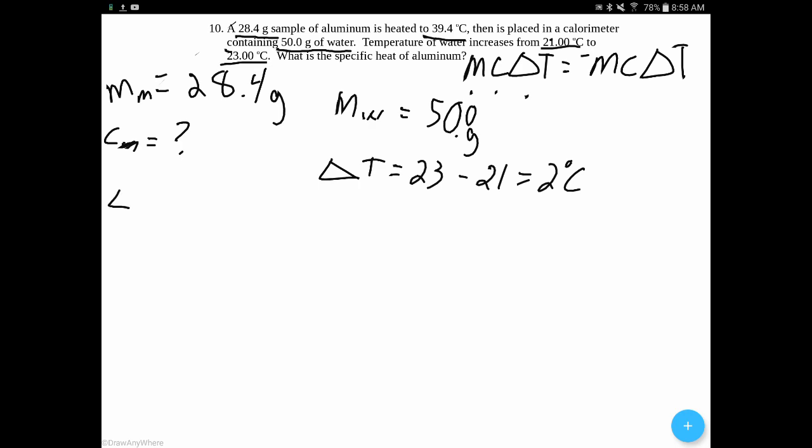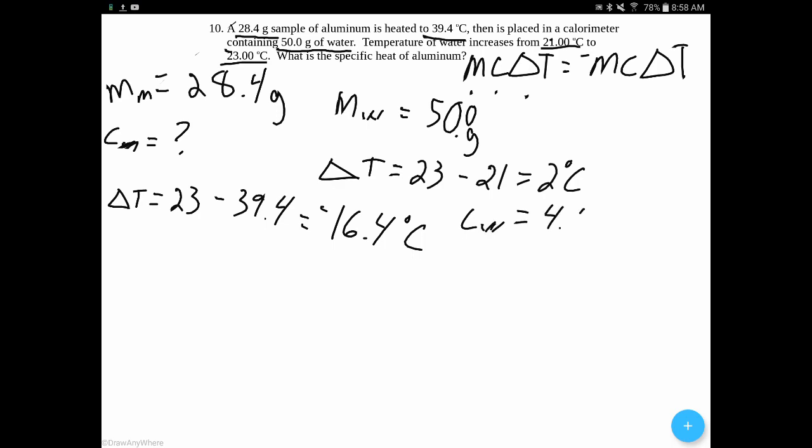So our ΔT for the metal is going to be final minus initial still, so it's 23 minus 39.4, and that turns out to be negative 16.4 degrees Celsius. Okay, now we need one more thing, and that is the C of water, which, as we hopefully know, is 4.184 joules per gram degree Celsius.